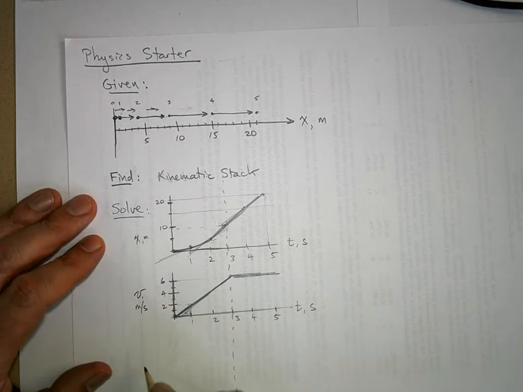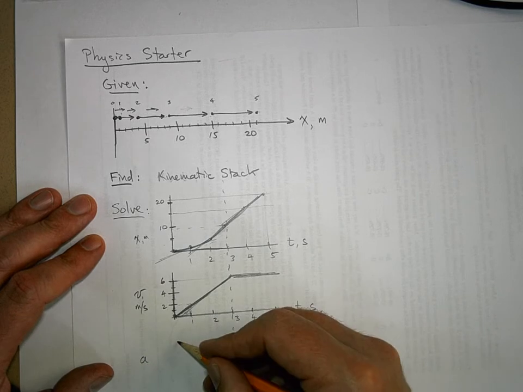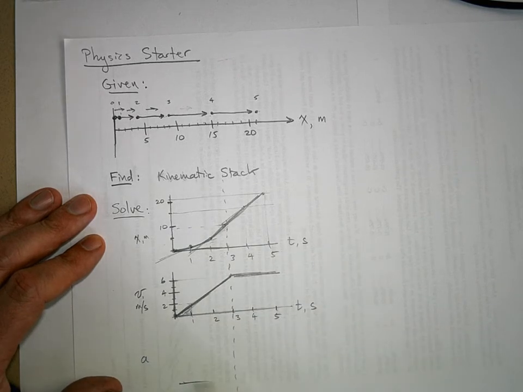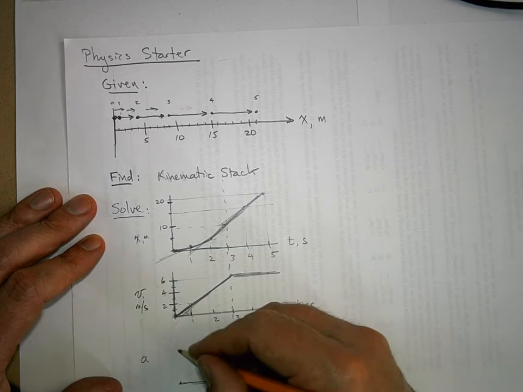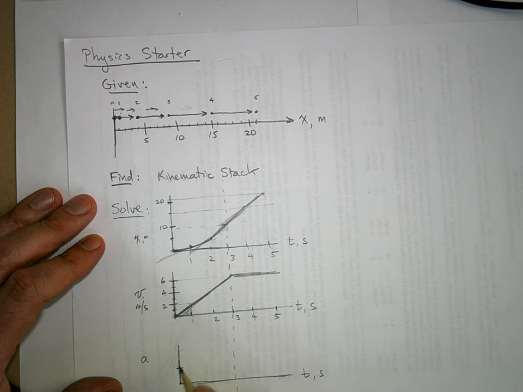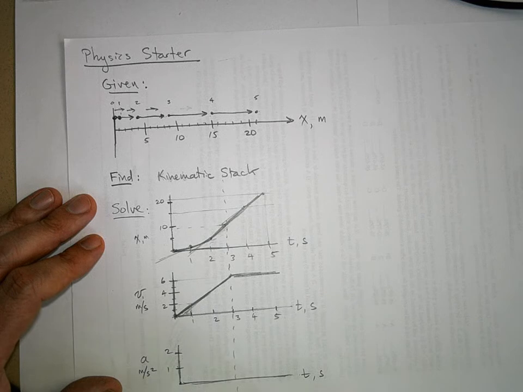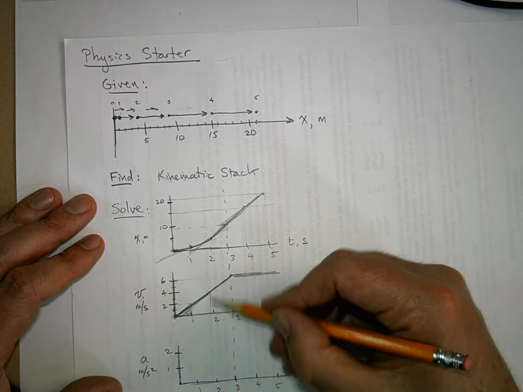Now I can draw the acceleration versus time graph. Look at the slope here.